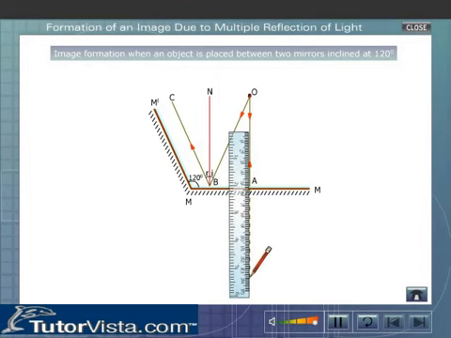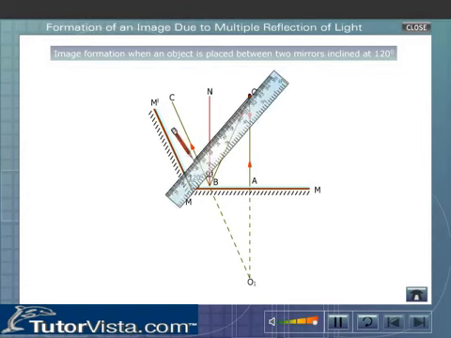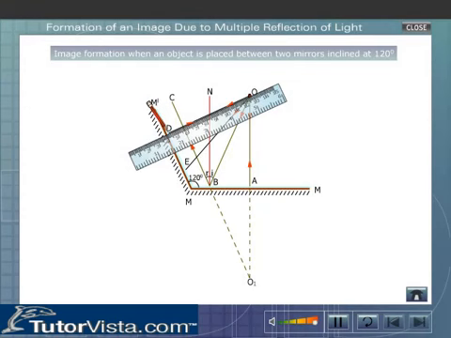Extend the reflected rays AO and BC backwards. An image is formed at O1, the point of intersection of these reflected rays. Let OD and OE be incident on the mirror MM'.